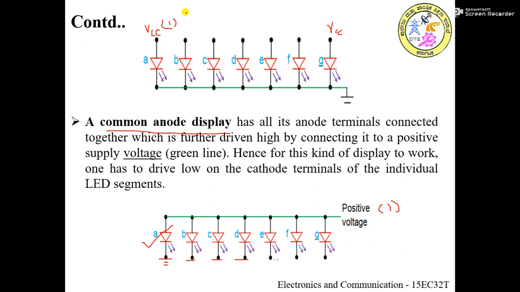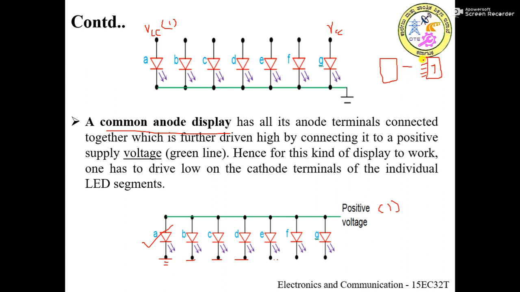Let's say this is a logic system, and this is a 7 segment display. How many inputs does this 7 segment display need? It needs 7 inputs, a totally 7 input lines.